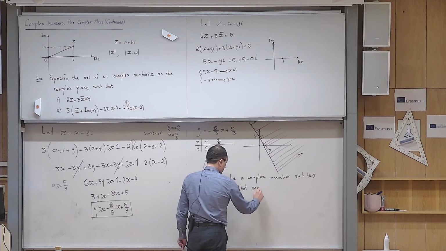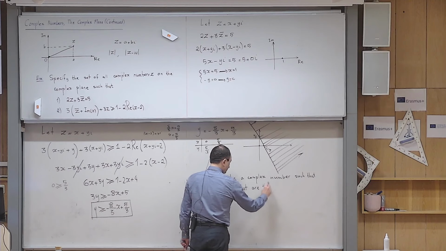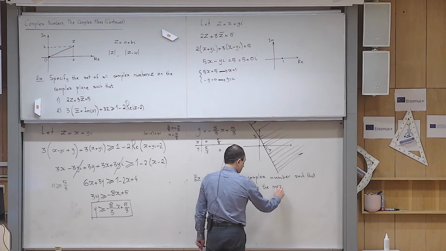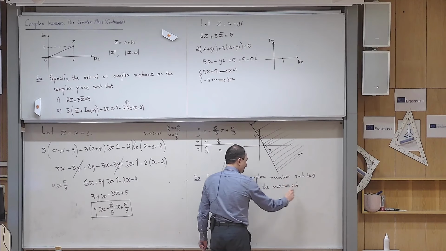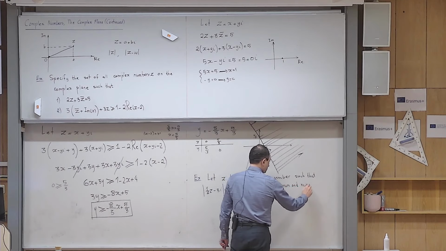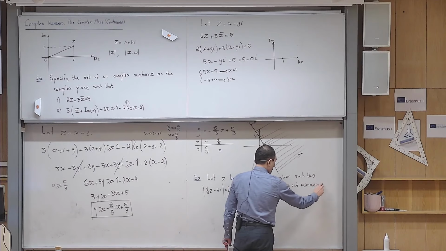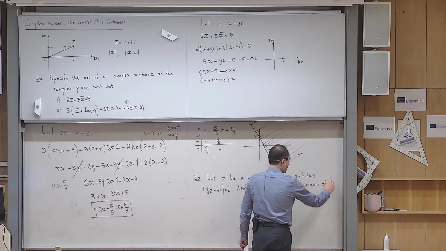What are the maximum and minimum of the absolute value of z?